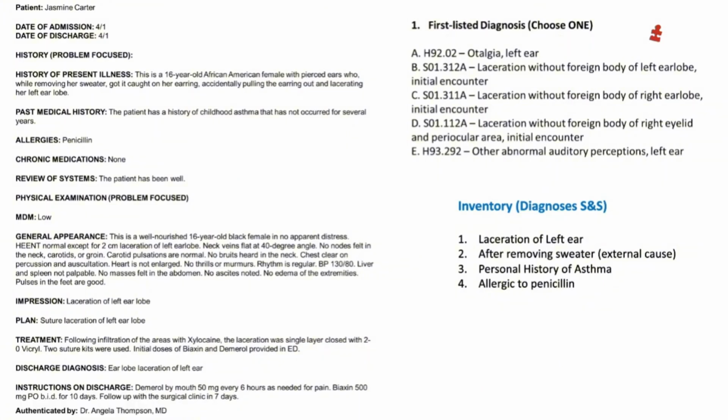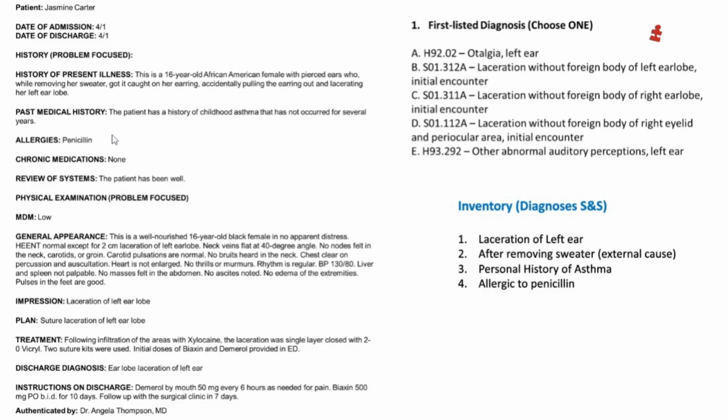However, I did do an inventory because we've got to code those secondaries too. So I went through the documentation, and this patient has a laceration of left ear. You always grab that final diagnosis from the final diagnostic statement or the final impression or the discharge summary. If the doctor says it in the final diagnostic statement, it's true.